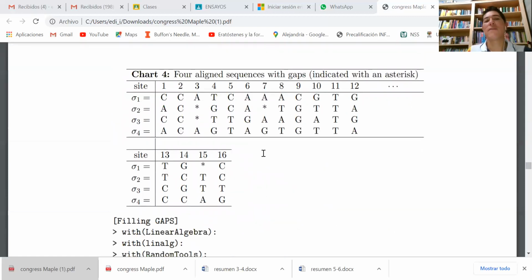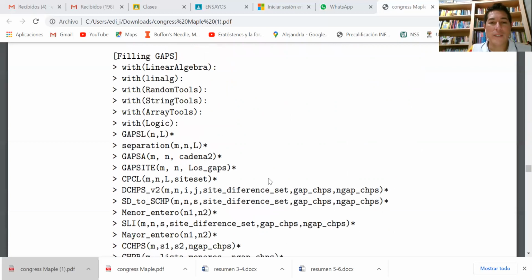Okay. If we have some gaps, we have to use another set of procedures to fill those gaps. Okay? The criteria I used to fill the gaps is not of biological nature, but of statistical nature. I mean, to reduce the variance, okay? By comparing different character patterns. This was the most difficult part.